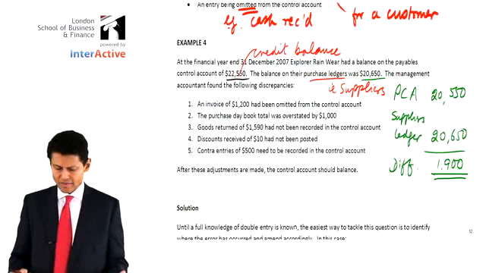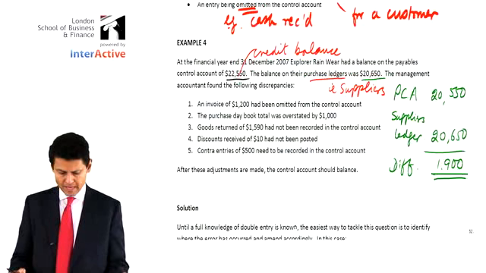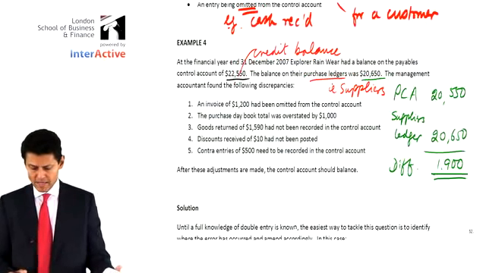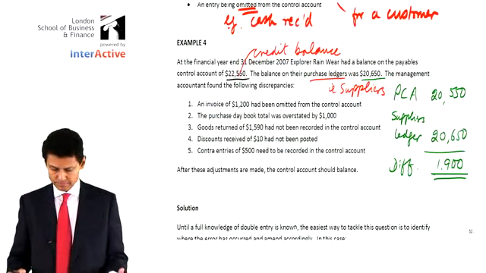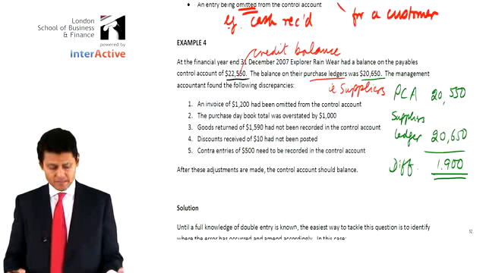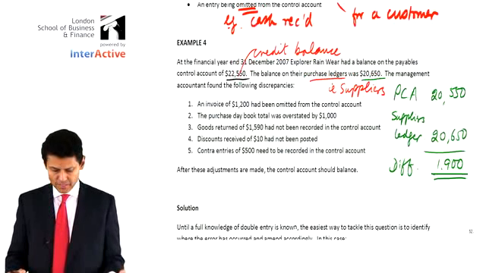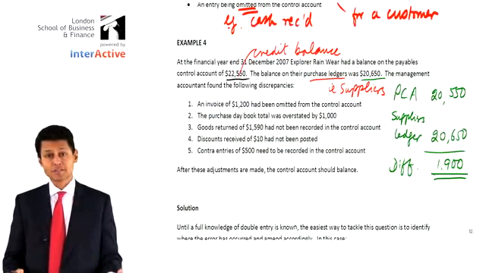An invoice of 1,200 had been omitted from the control account. So what we do is simply put it onto the credit side of the control account, of course. The purchase daybook was overstated by 1,000. So that is too much of a credit that went to the credit side of the control account.